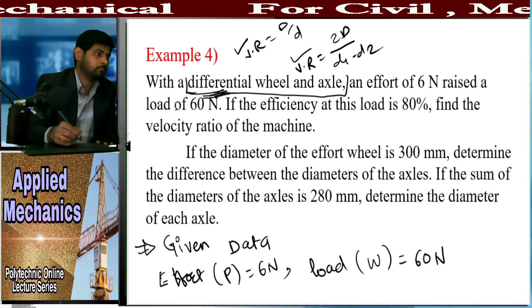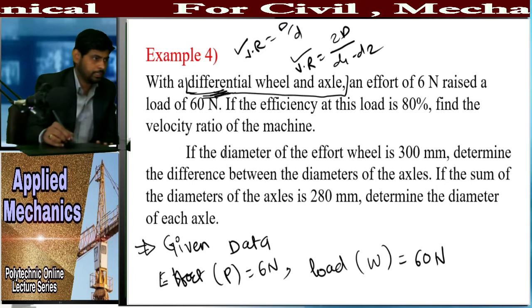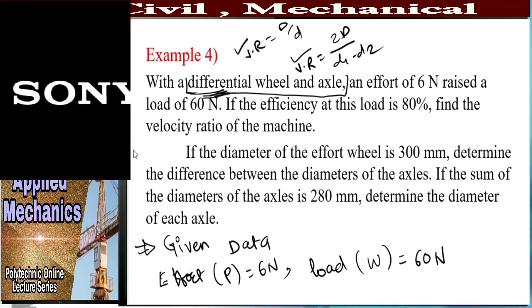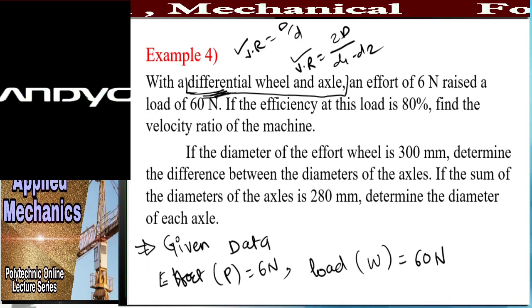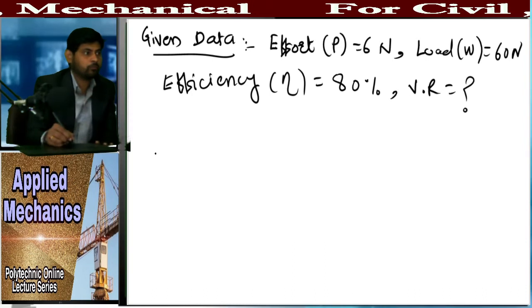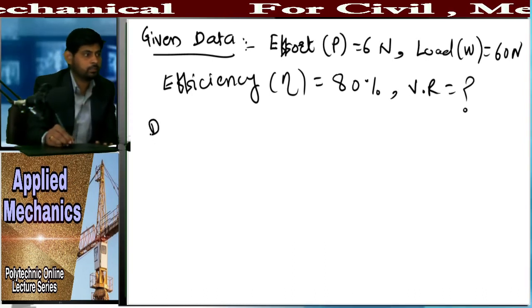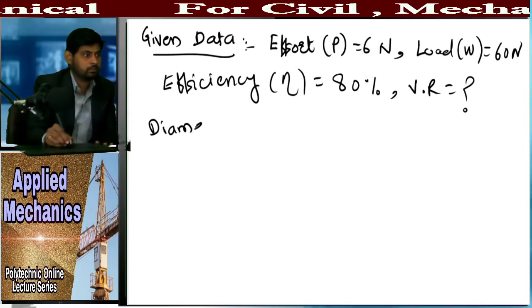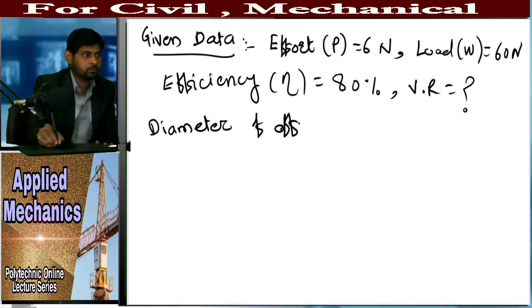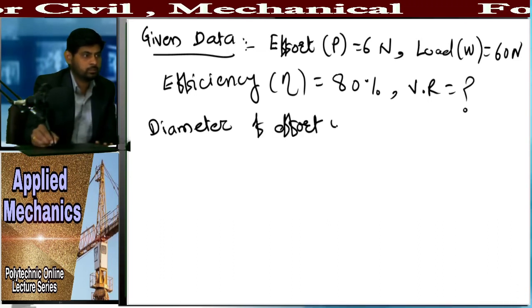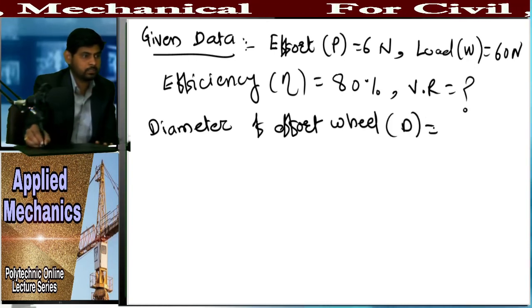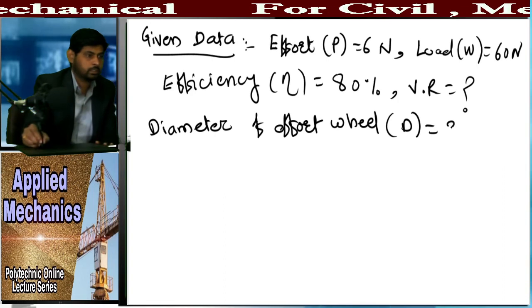After that, it says the diameter of the effort wheel is given. So the diameter of the effort wheel, that is capital D, is 300 mm.